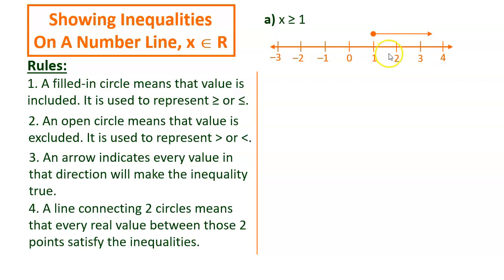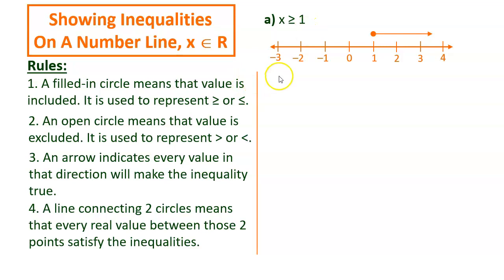It can be 1.1, 3.9, 2.5, but every value on the right side of 1 is greater than 1. So, the arrow points right, indicating that every value starting from 1 may be the value for x.